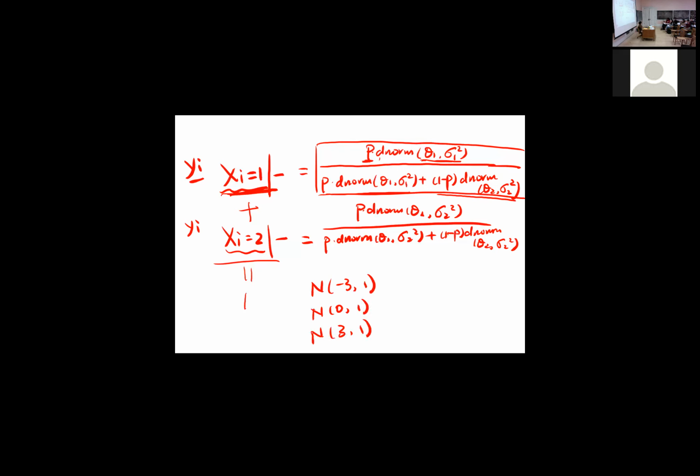We have 3 components over here, and the probabilities that we know for the truth are 45% from the first component, 10% from the middle one, and 45% from the third one. When we say components, it's one component from a mixture, and each of these will be a component over here.